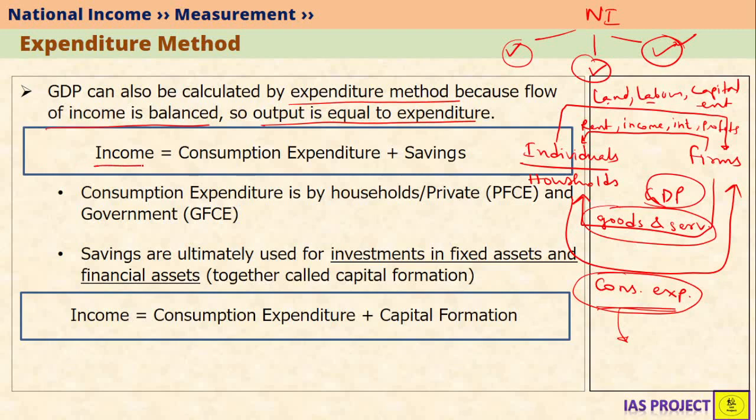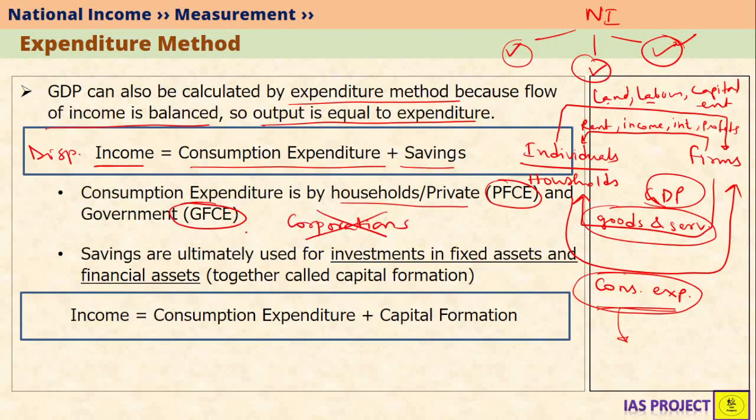We already know that income is nothing but consumption expenditure plus savings. This is nothing but disposable income. Consumption expenditure is by households and private, which is called private final consumption expenditure, and it can also be by government final consumption expenditure. However, as we have noted before, corporations do not have any final expenditure, they only have savings.